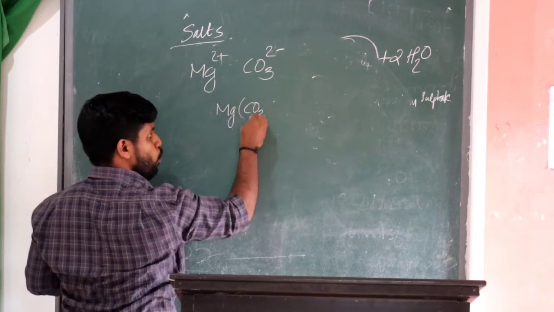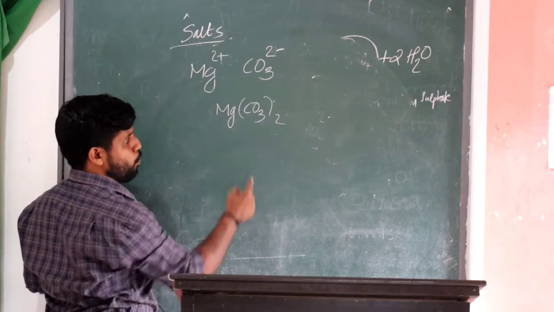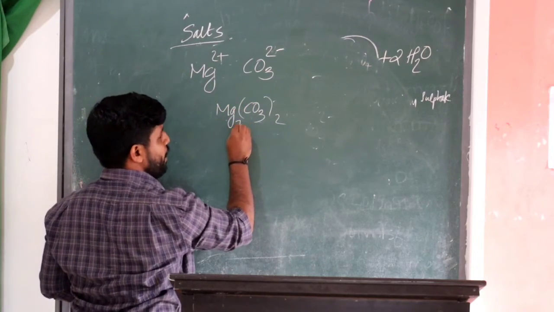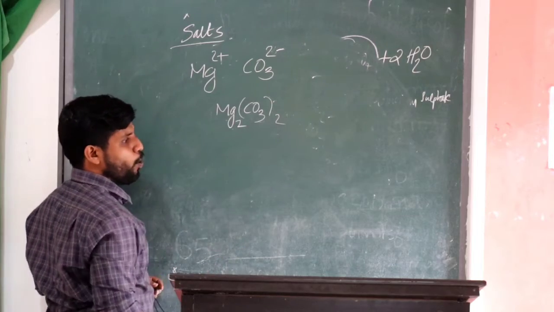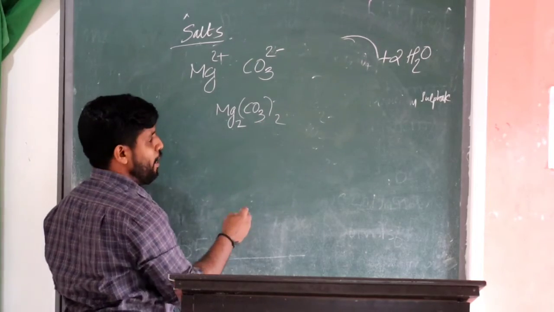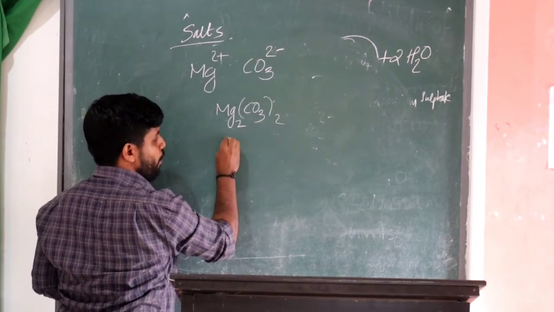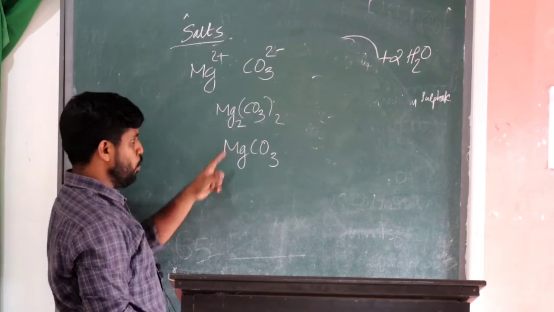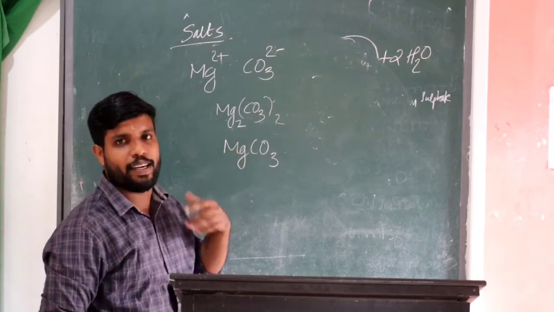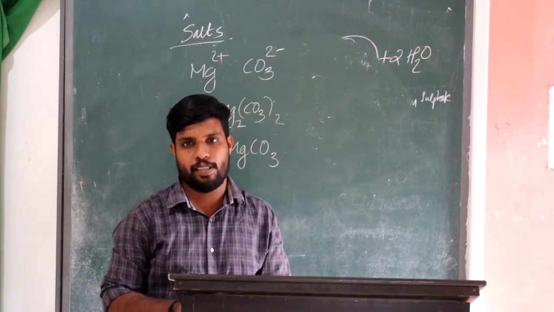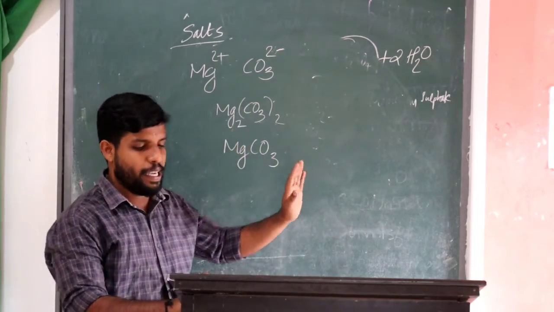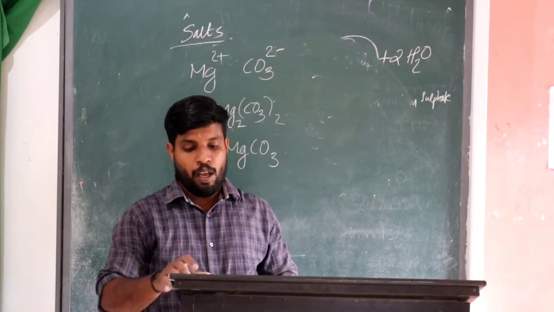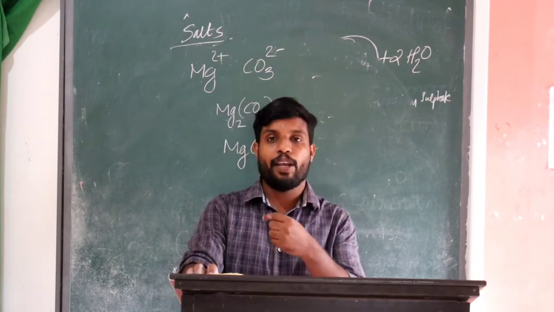Here it is 2, so put a bracket and 2, because CO3 is a group, and Mg is a single atom, so we can write Mg2(CO3)2. We can simplify that value, divided by 2, we get MgCO3. The common number is there, we can divide it by 2, we get 1. So simply we can write MgCO3, magnesium carbonate.